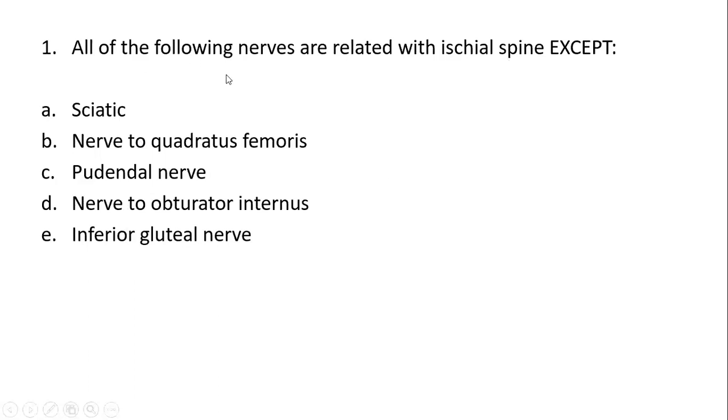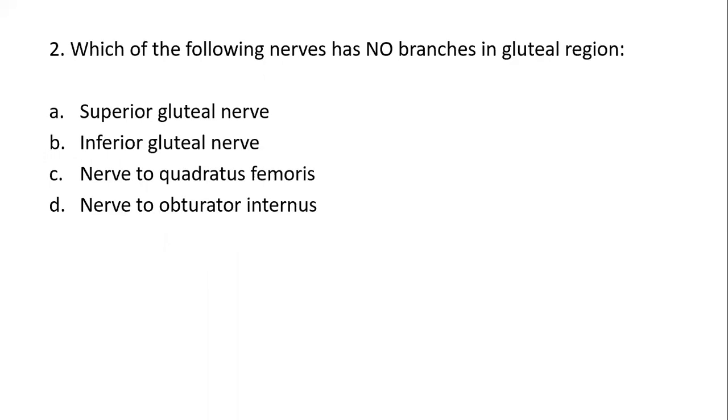So we have sciatic nerve, nerve to quadratus femoris, pudendal nerve, nerve to obturator internus, and inferior gluteal nerve. So now you have to pick up the 4 options that lie in close relation with the ischial spine. In that case, you will land on the correct option.